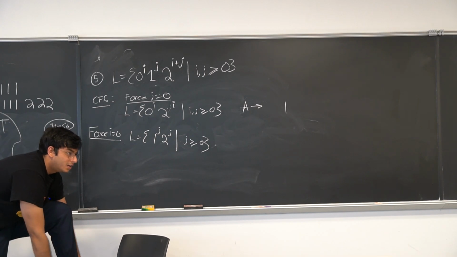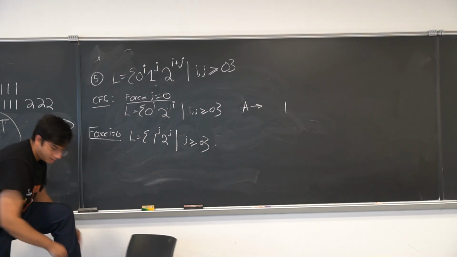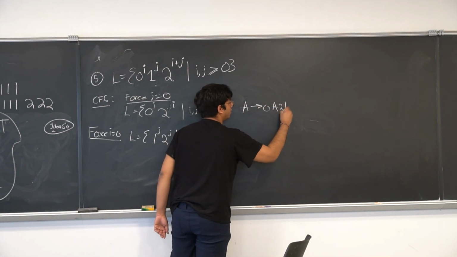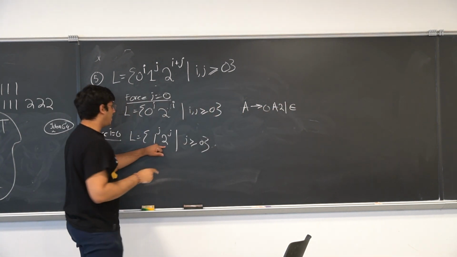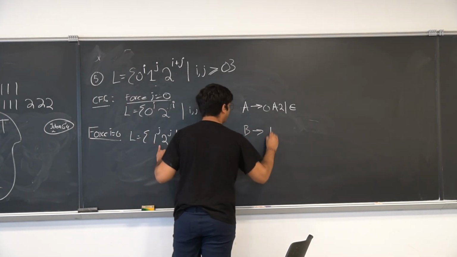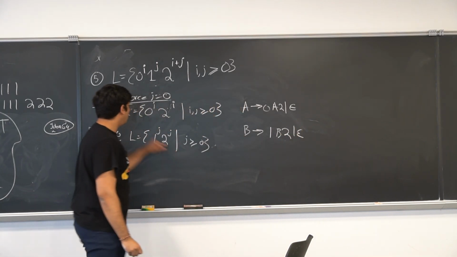Yeah. Is it 0A2, epsilon? Yeah, I think so. Yeah, that works. So that goes to 0A2 or epsilon. And then by analogy, we'll do the same exact thing down here. 1B2 or epsilon. Okay, cool.